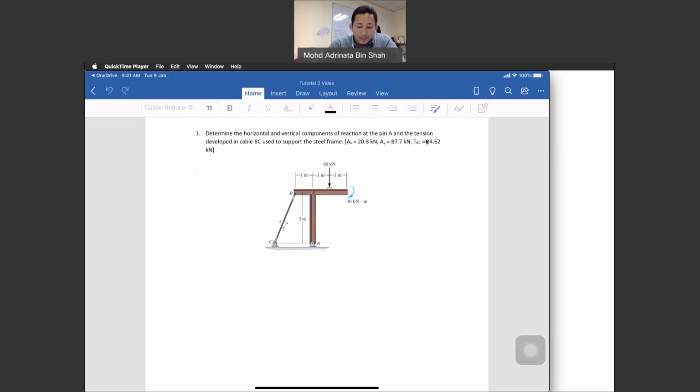Question number 1. Determine the horizontal and vertical components of reaction at pin A and the tension developed in cable BC. So cable BC, TBC. Pin, we have AX and AY.